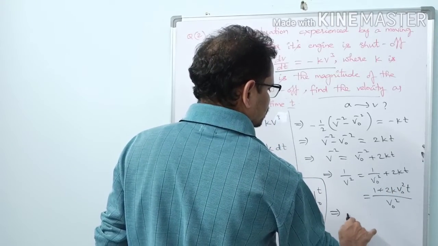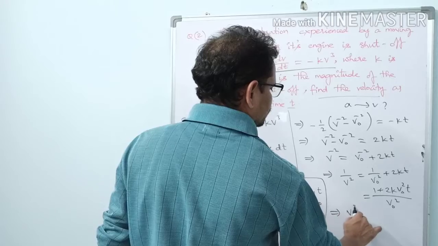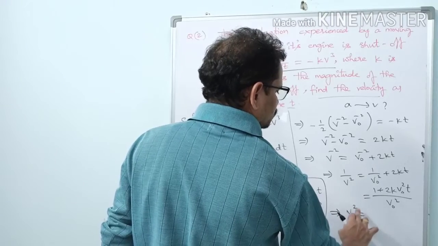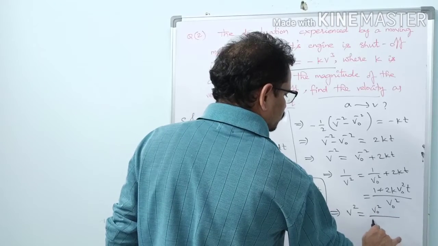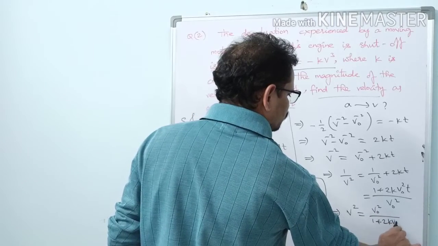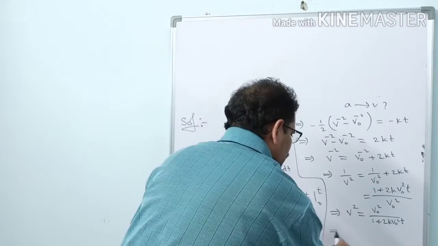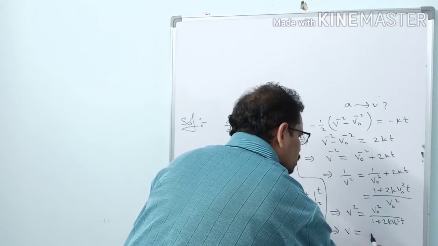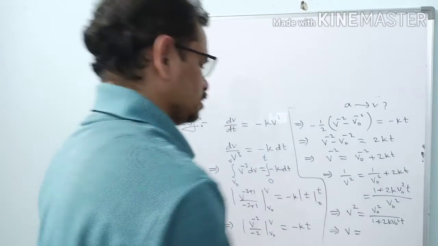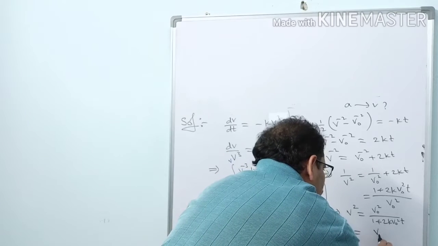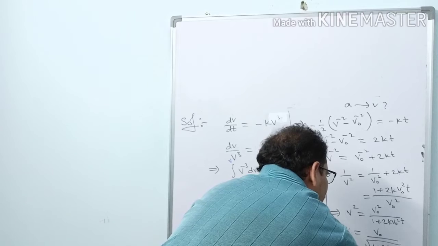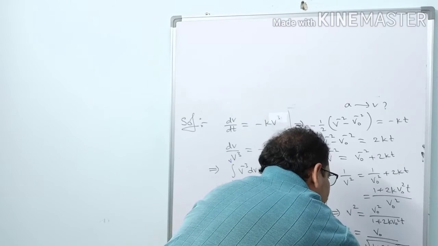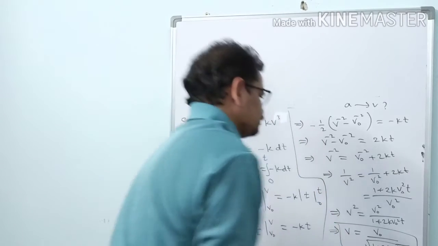So this implies v square equals v0 square by 1 plus 2k v0 square t. Velocity v equals, taking square roots on both sides, v0 by root of 1 plus 2k v0 square t. So this is the answer.